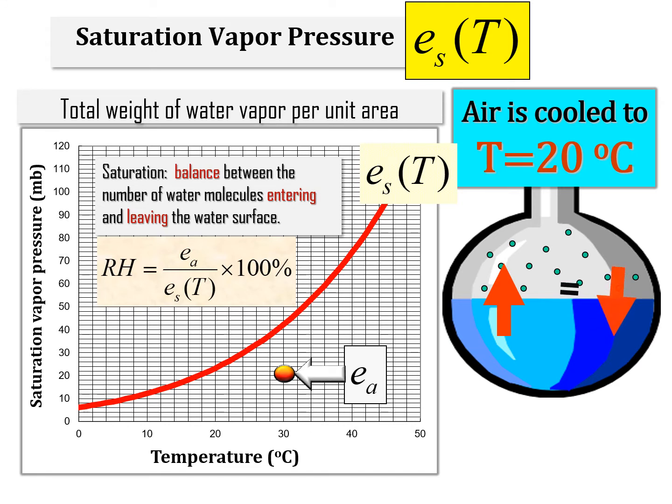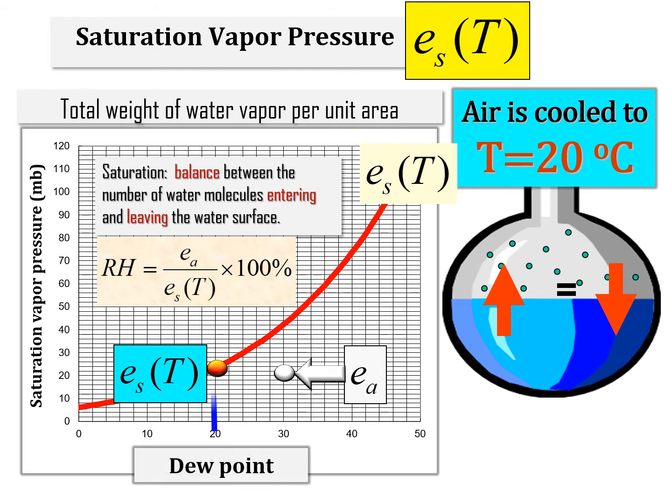So it becomes saturated at 20 degrees C. That is the saturation vapor pressure. This temperature, 20 degrees C, is called the dew point temperature.